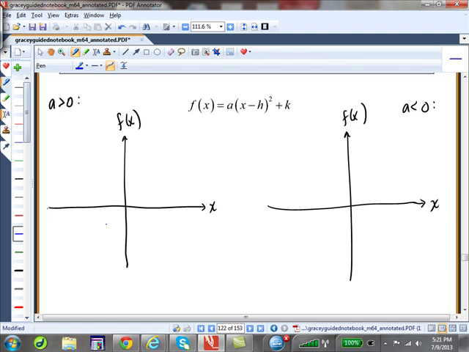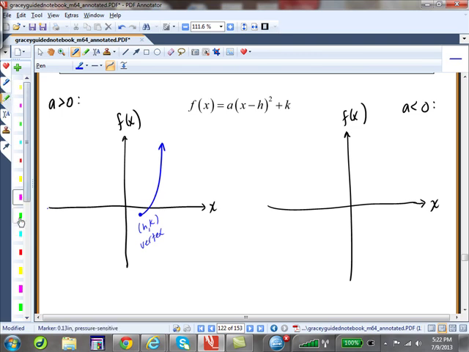Okay, let's go ahead and make the vertex. Let's make it over here. So this here would be the ordered pair h comma k, called the vertex. And then if we draw our parabola, you're going to have symmetry.